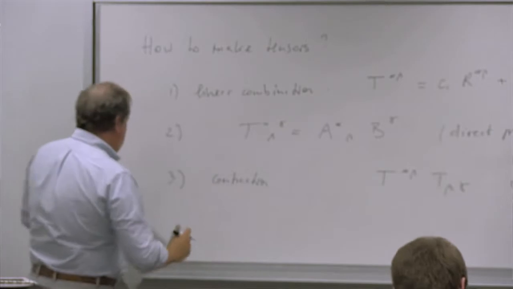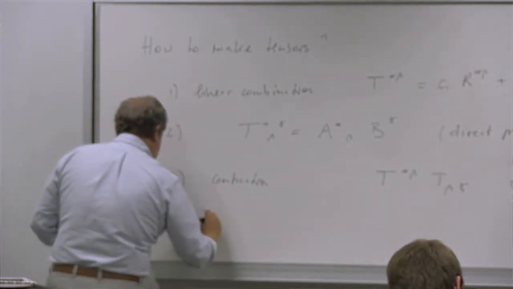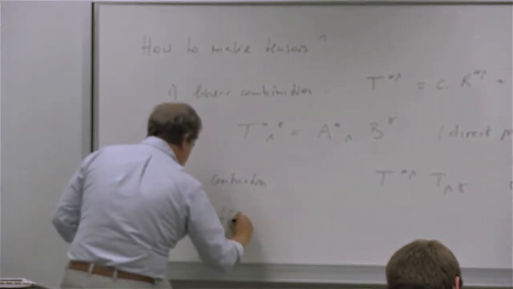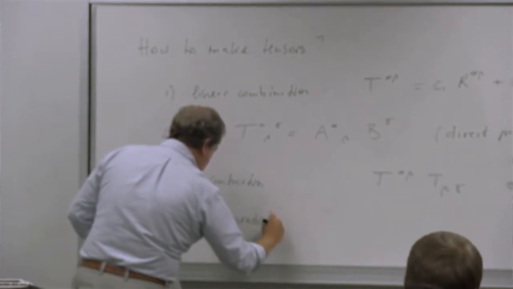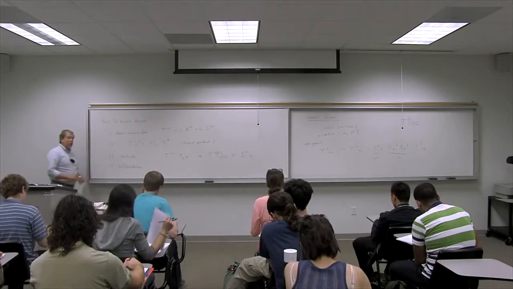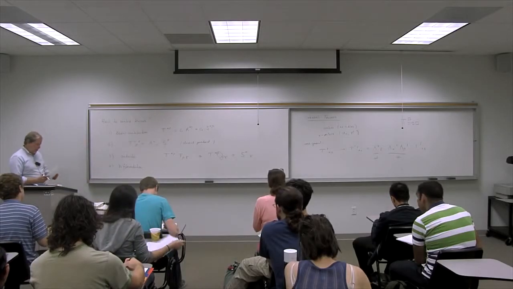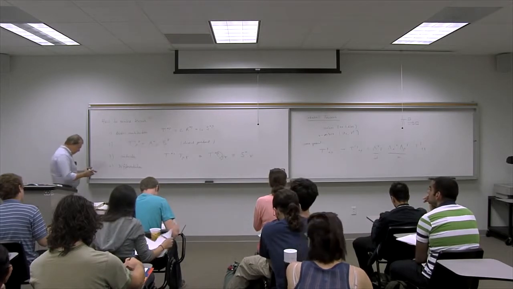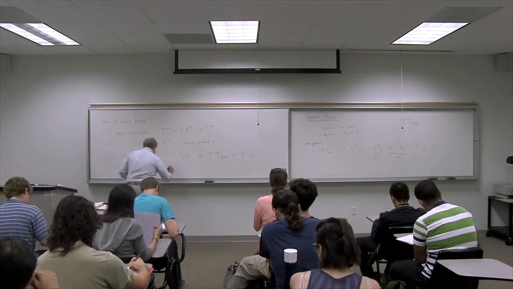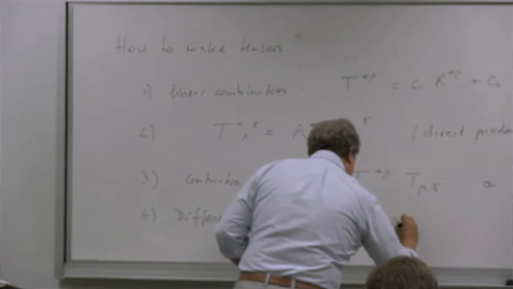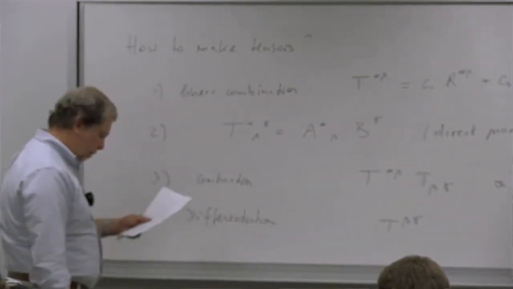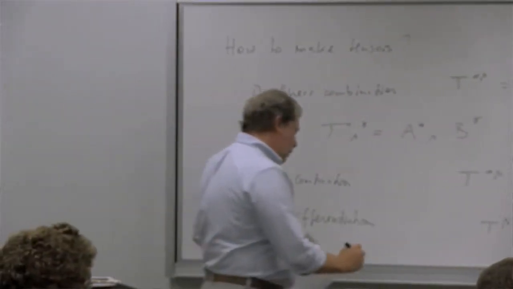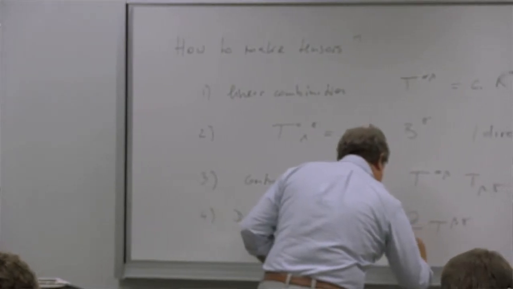And so the fourth thing we can do is differentiation. This is an important aspect of this, and that is that we can take T beta gamma, and we can take the derivative with respect to x alpha.